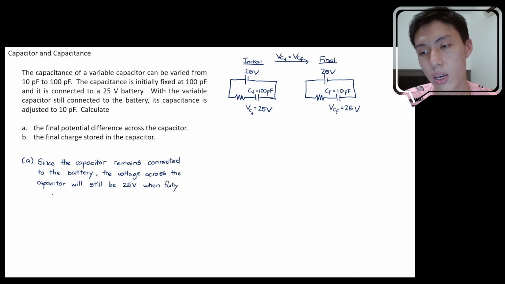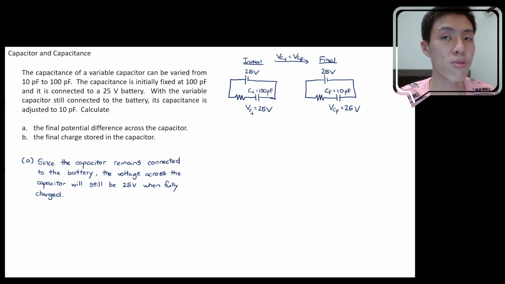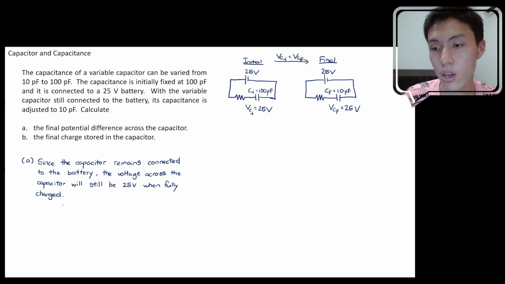When you fully charge a capacitor, it will be equal to the voltage of the power supply. Since we do not change the power supply and we remain connected to it, the final voltage will still be the same, 25 volt. So the voltage across the capacitor final will be equal to 25 volt.